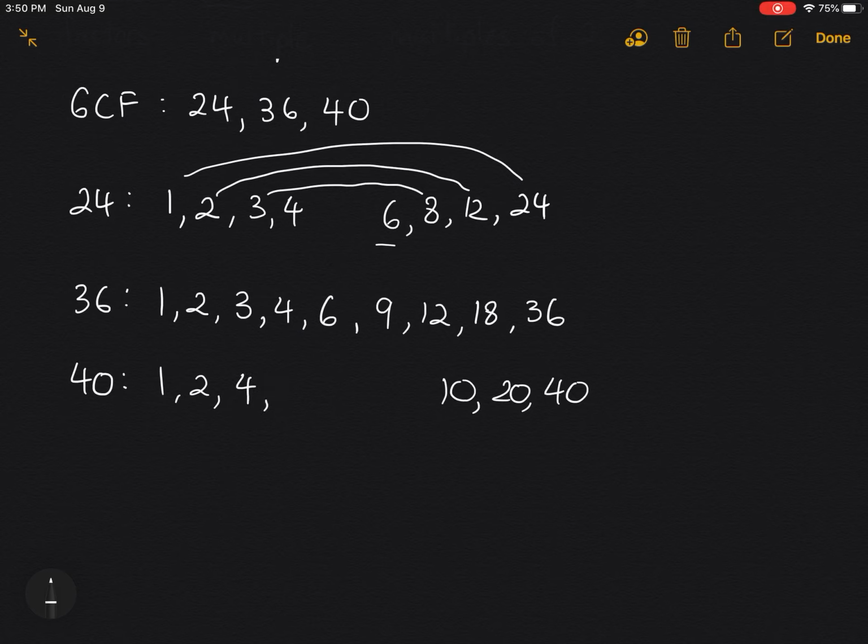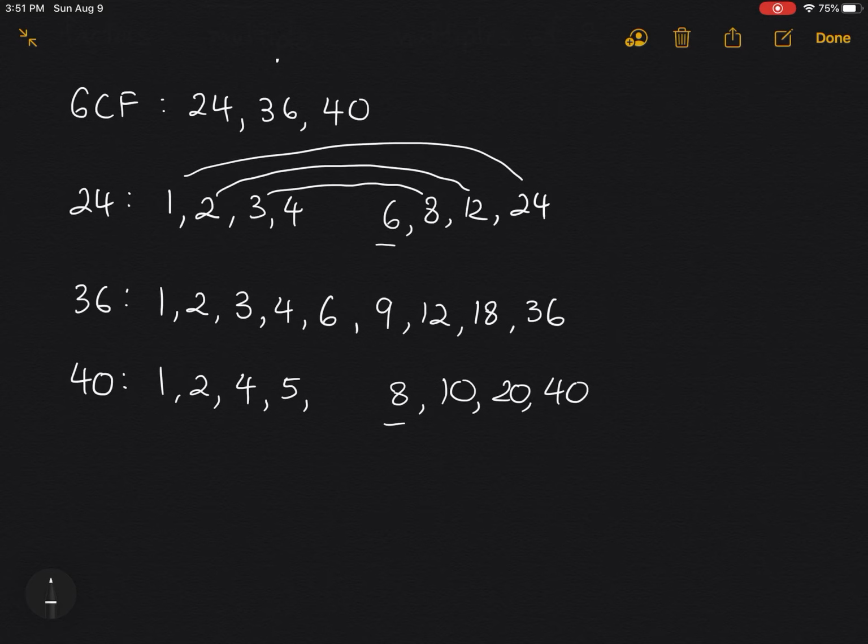Next we have 5. 5 times 8 gives us 40. Then we think about 6. 6 can't be multiplied with anything to give us 40. Then we have 7. We can't multiply that with anything to get 40 either. And now we're back to the 8. So we've completed our rainbow and we know that we did not miss any factors.